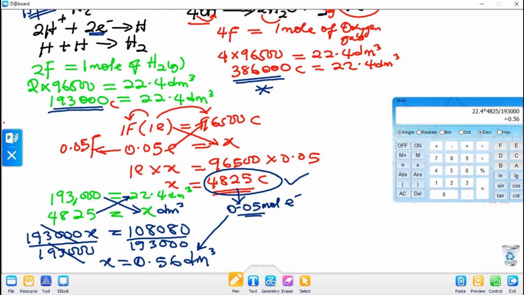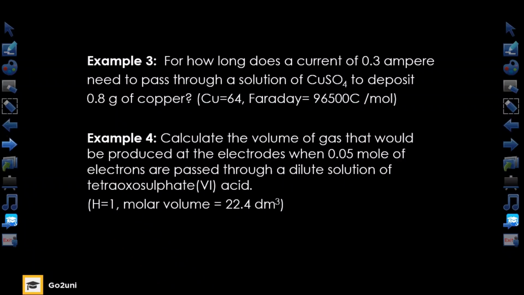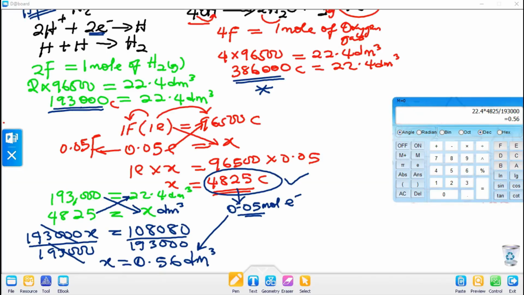Because the question says we should calculate the volume of gases that will be liberated at the electrodes, that is the cathode and the anode, we have seen that for hydrogen. Let's look at that for oxygen. For oxygen, 386,000 coulombs of charge produces 22.4 dm cube of oxygen from its normal equation.